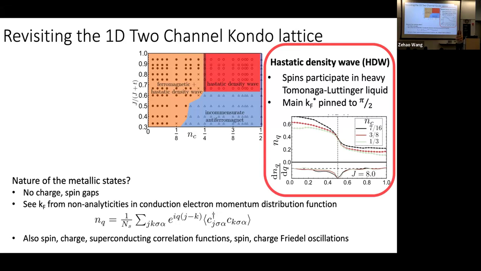Yes? They're heavy. Yes, so these phases at quarter filling and half filling have charge gaps.